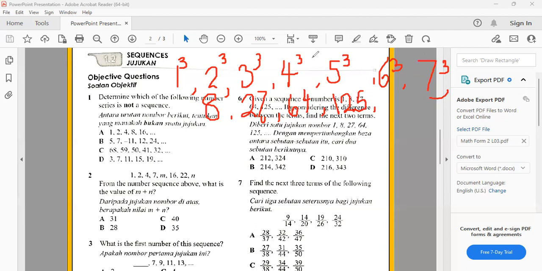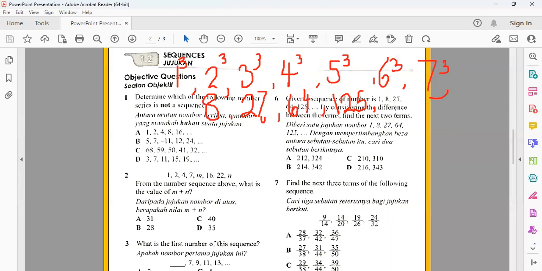Work it out in the calculator and you will get 216 and 343. That's your answer. 216 is for 6 cubed, and 343 is for 7 cubed, which means 7 times 7 times 7.